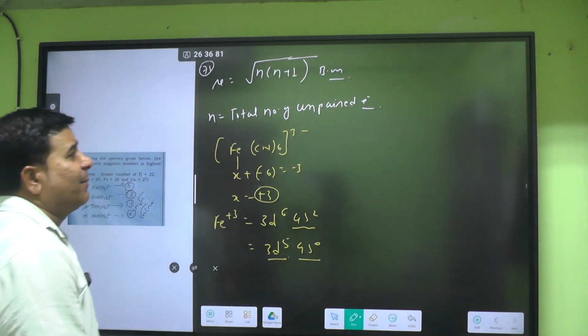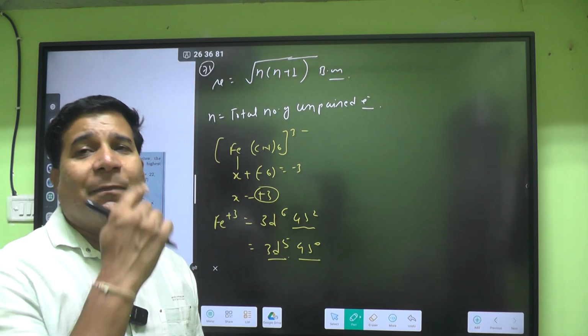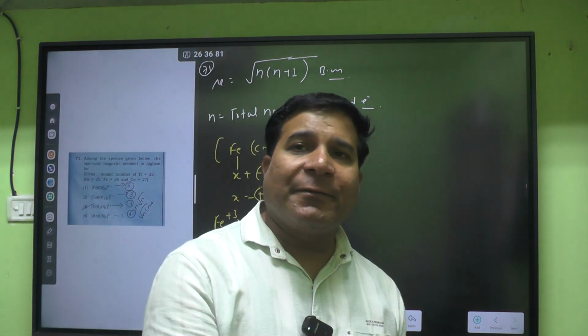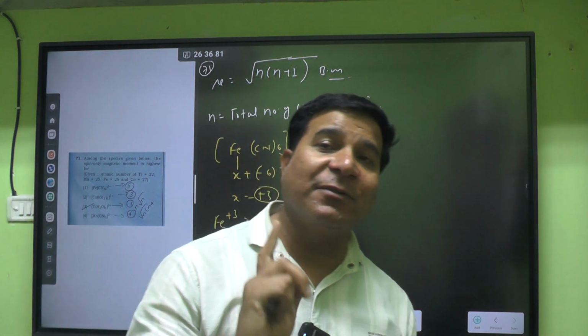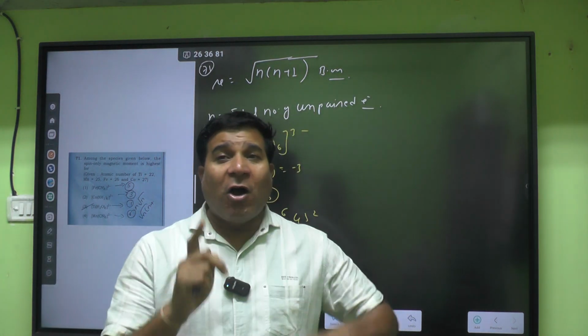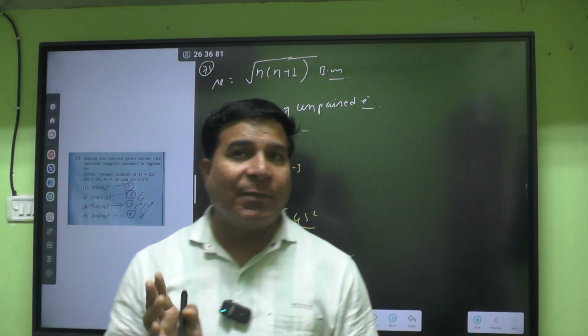Remember, the unpaired electrons are always decided by the strong field ligand. Listen properly: the unpaired electrons are always defined by CFT, not VBT.